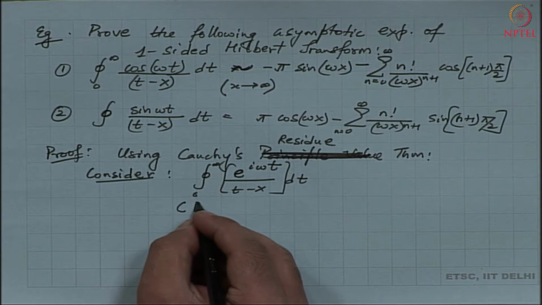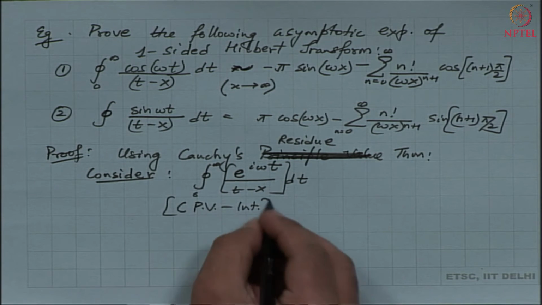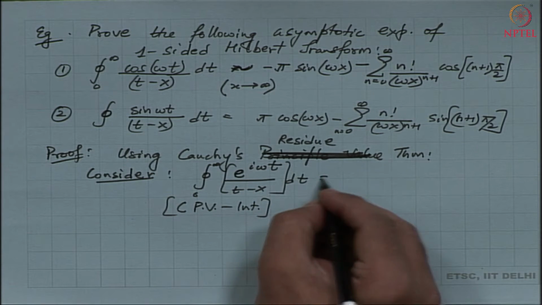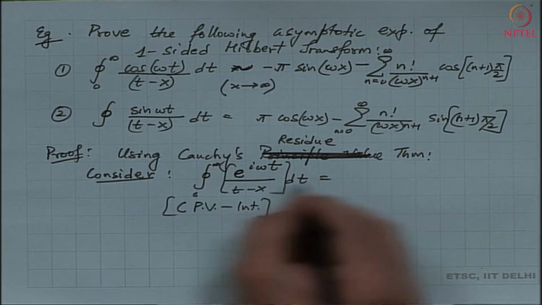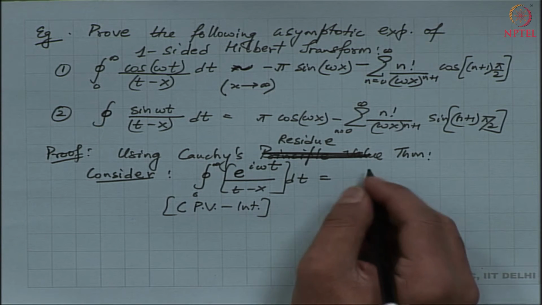To evaluate this integral using Cauchy's principal value and my residue theorem, the answer will be 2 pi i times the residue.